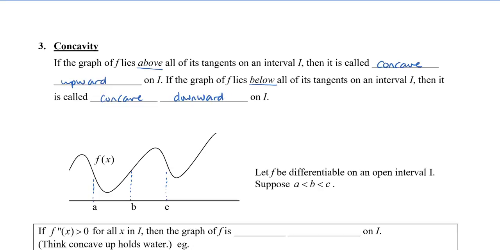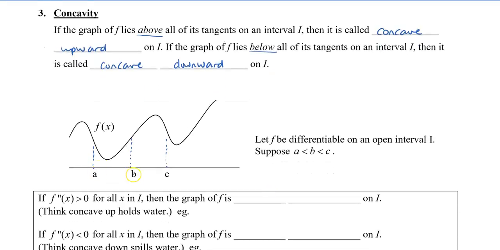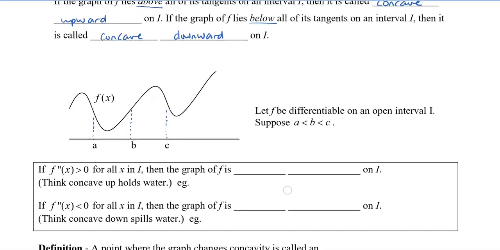So let's consider this function here. I've marked off points A, B, and C, where A is less than B is less than C. And if we take a look, we can say that if f double prime of x is greater than 0 for all x in the interval, then the graph of f is concave up on the interval.